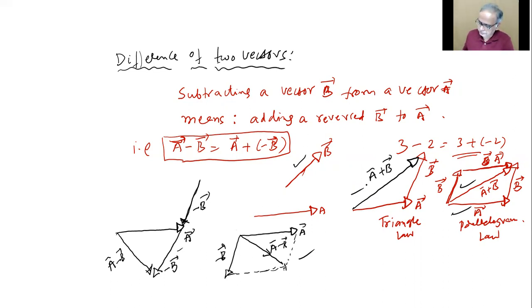All right. So it's reversing and adding means you're actually getting a new vector again, not a plus b. Okay, it's neither negative of a plus b.